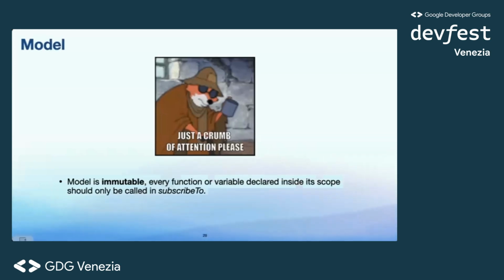This is to prevent an inconsistent state, because if I use a mutable variable like a var in the scope of the model, and I want to update it inside the subscribe to, well, I'm basically making a mistake. I shouldn't be doing that. I should put that variable in the state. So we always have a consistent state.